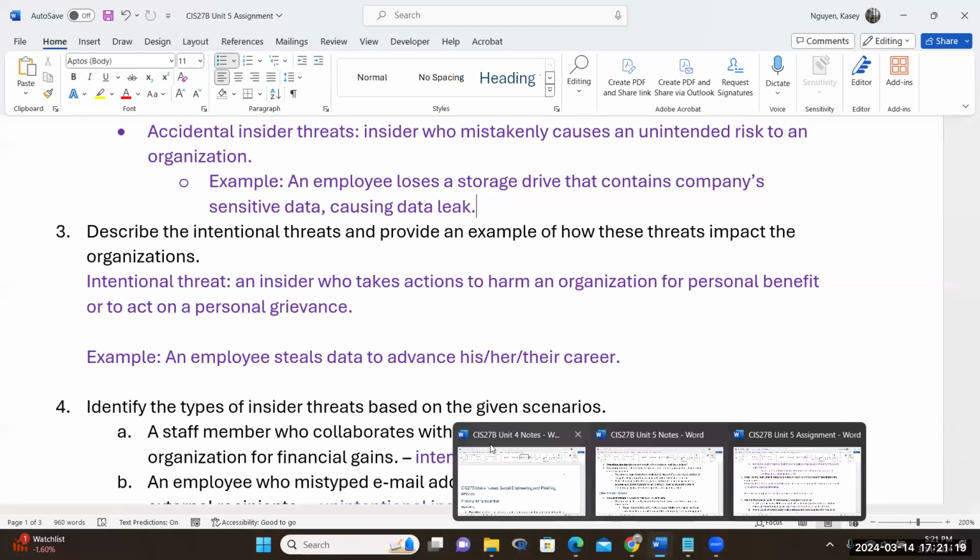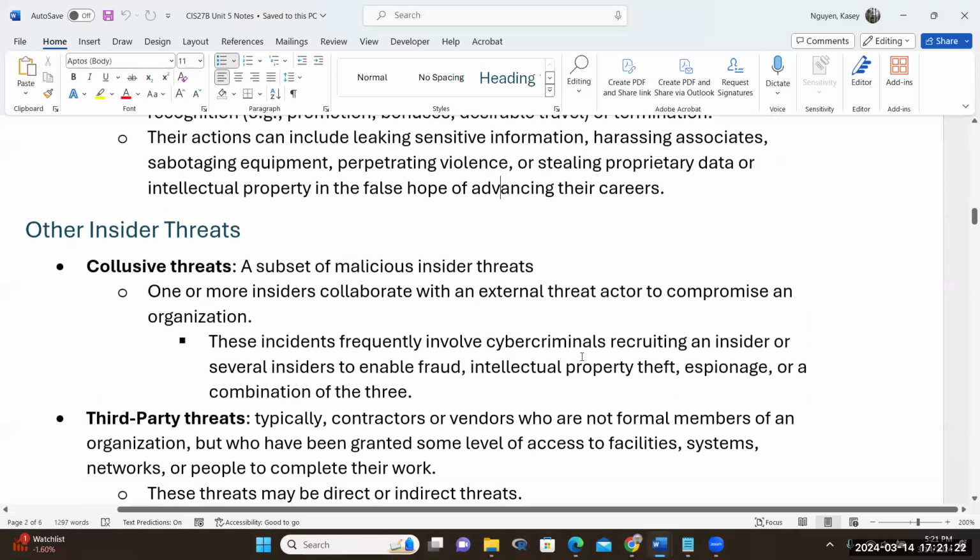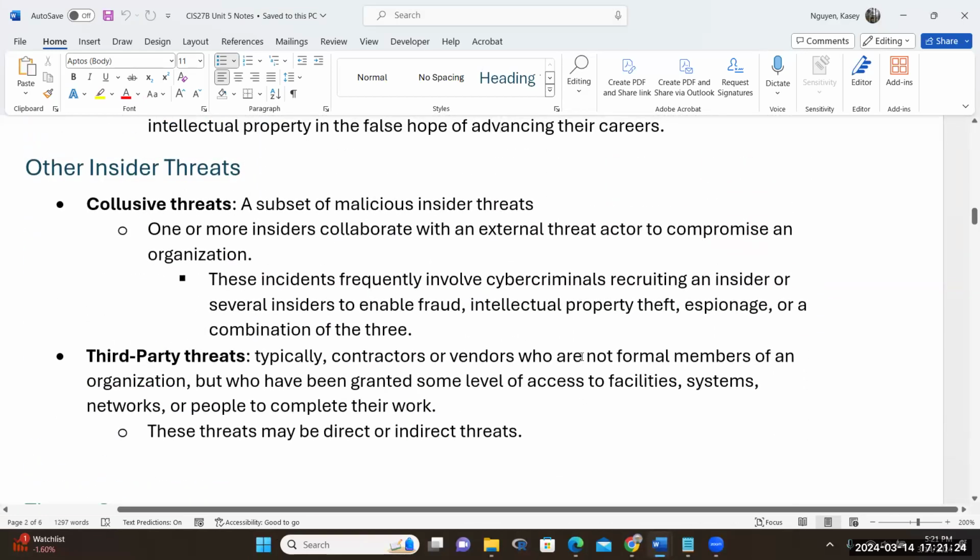So before we answer 4, let's look at what these mean. Another type of threat is collusive. Those are just more than one, so you would have two or more people. It could be a group. Maybe one would be recruiting another one to commit things like theft. Or sometimes they feel like working in a team would be more efficient, and they would be able to execute certain tasks quicker.